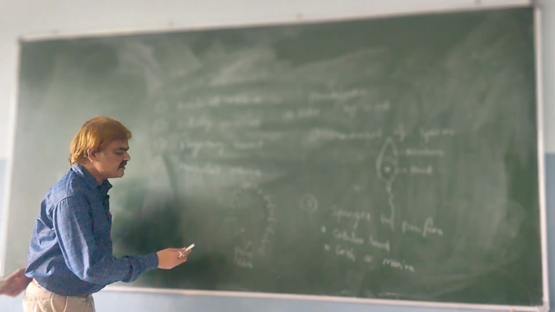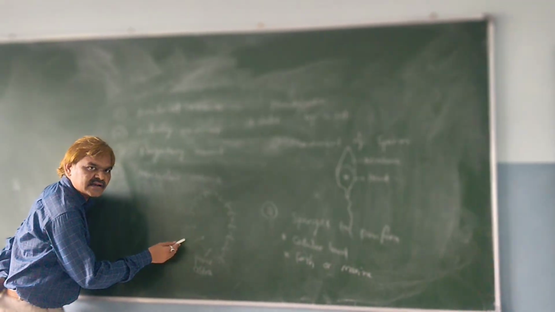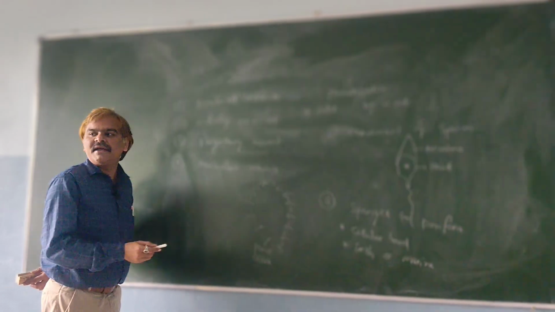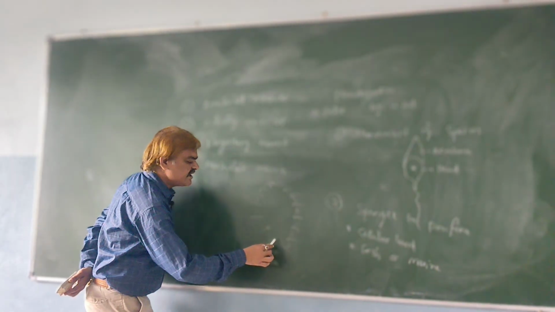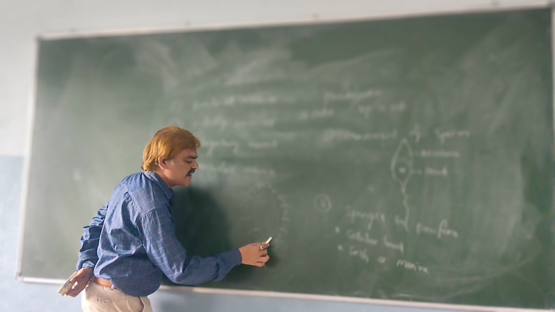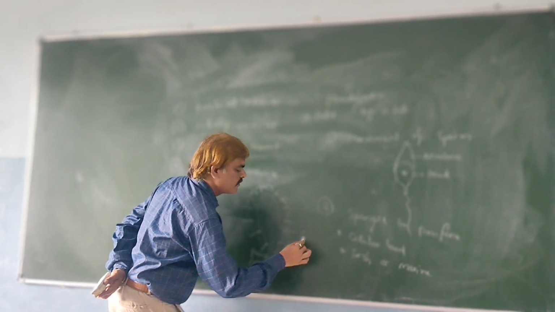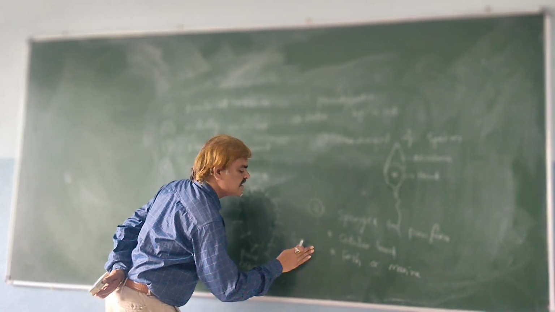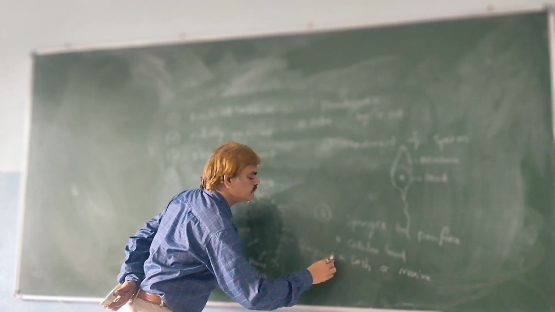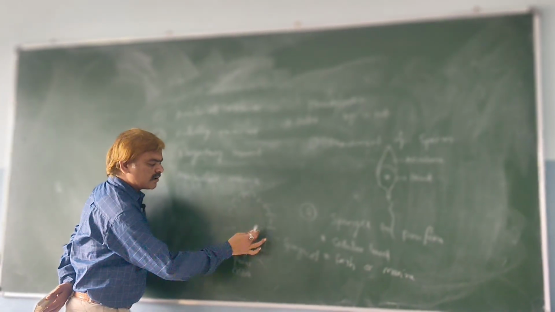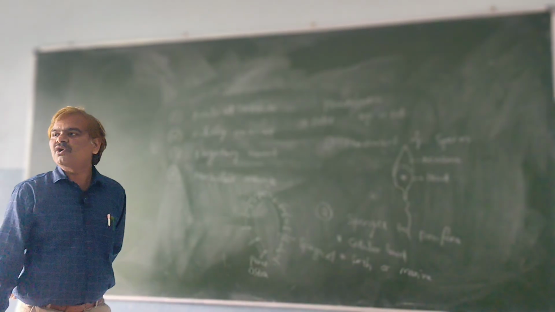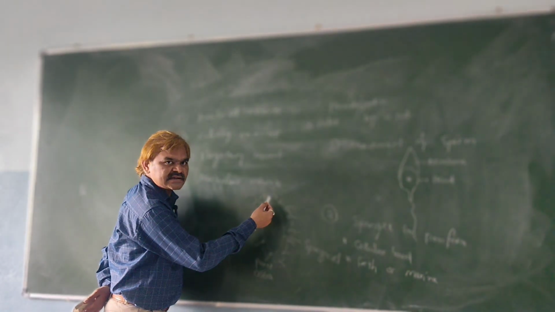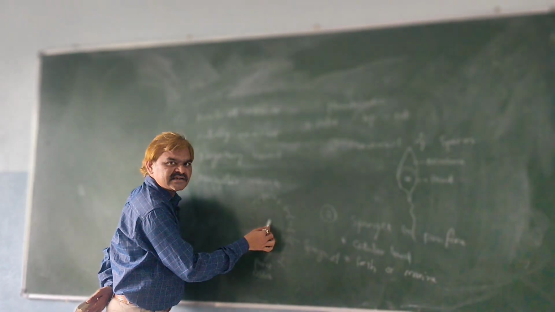So here what will happen? The water present in the surroundings enters into the sponge's body. The middle portion, this whole cavity, is called the spongocoel. Whatever water comes into the sponge enters the spongocoel.